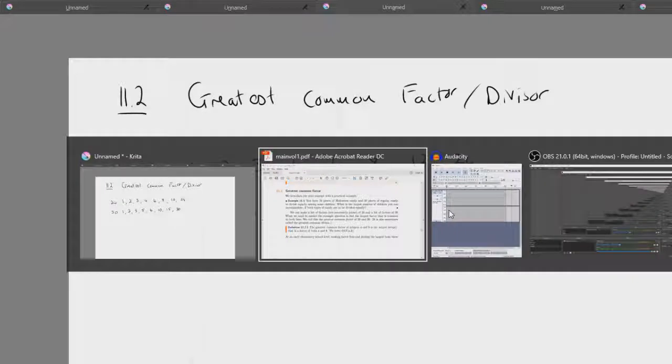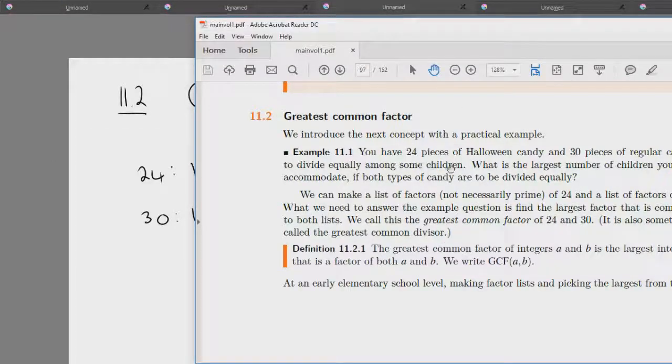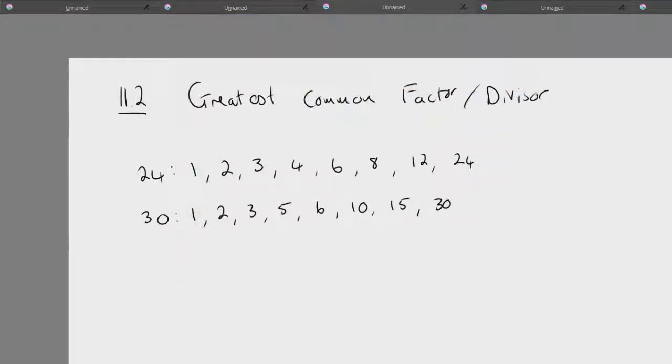So now the question is asking, what is the largest number of children I can accommodate if both types of candy are to be divided equally? So the largest number common to both of these lists is 6.